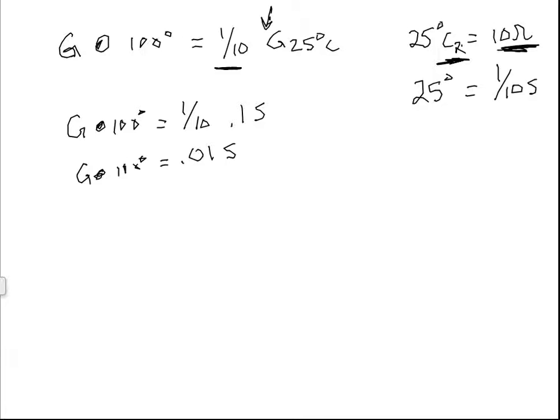Now we need to know what the resistance is at 100 degrees. Well, R equals 1 over G, which equals 1 over 0.01, which equals 100 ohms.